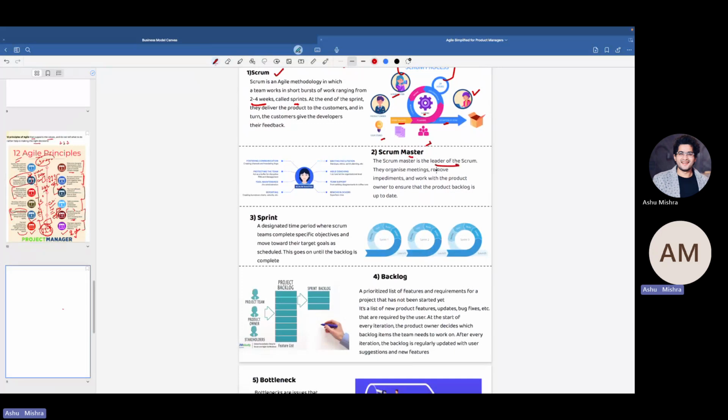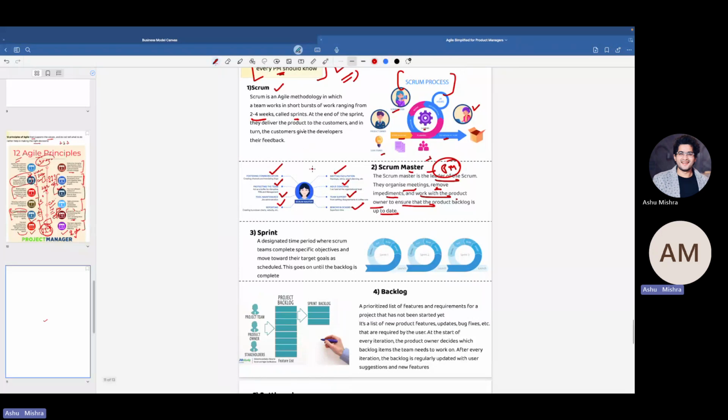So, Scrum Master is the leader of the Scrum. They organize meetings, remove impediments, and work with the product owner to ensure that the product backlog is up to date. In some companies, the Scrum Master is the product manager itself, right? And there is no requirement of a product owner. So, what you see over here is they are fostering communication, protecting the team, maintaining the tool, reporting, meeting facilitation, agile coaching, team support, and removing blockers, right?